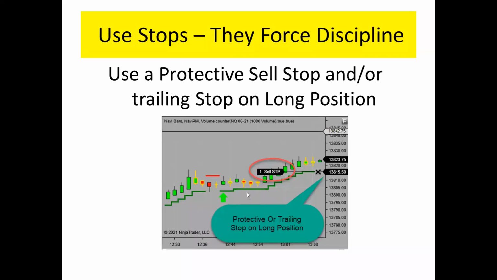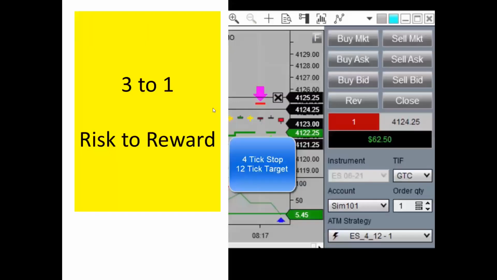All right, so another thing with your trading, good idea to use stops. The good thing about stops is they do enforce discipline. With your trading, you can set up some ATM strategies that will give you, for example, a 3-to-1 risk reward.